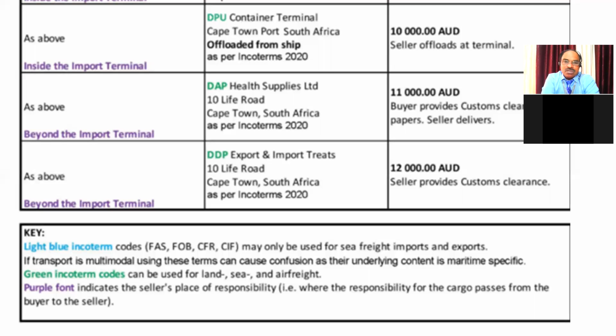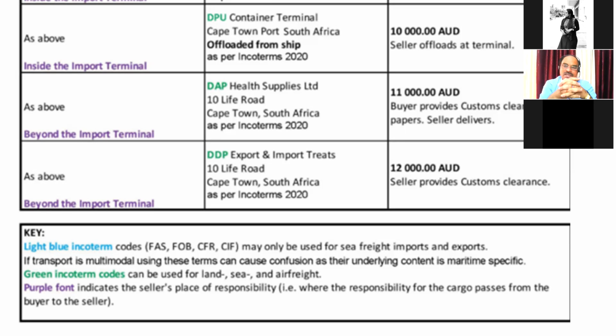So if it goes to this address, that is 10 Life Road, Cape Town, Cynthia will charge 11,000. But Mark is saying, okay, if Cynthia decided to send to the same address by offloading everything, then Cynthia will quote 12,000 Australian dollars.